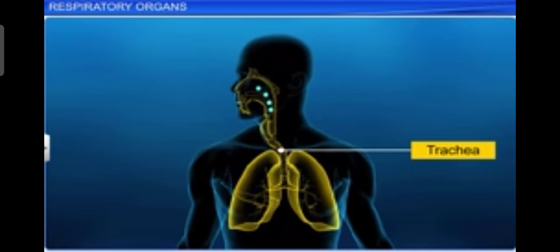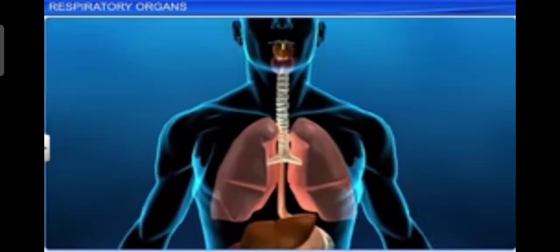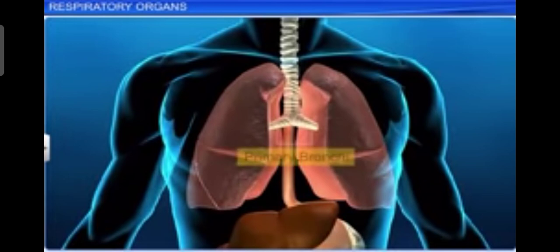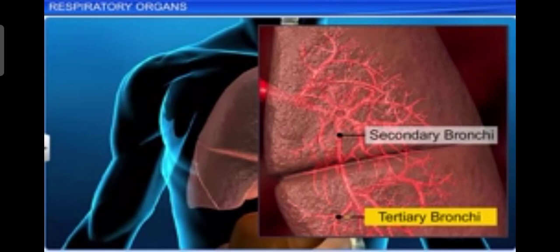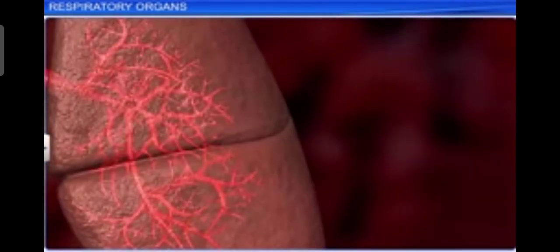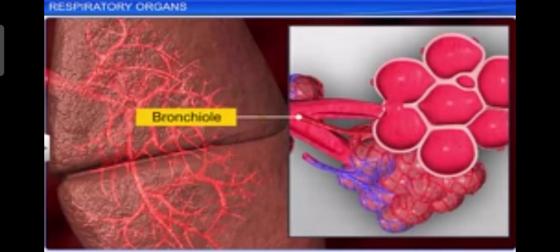This is the trachea. Each bronchus undergoes repeated division to form the secondary and tertiary bronchi and bronchioles, ending up in very thin terminal bronchioles. The trachea, primary, secondary, and tertiary bronchi and initial bronchioles are supported by incomplete cartilaginous rings. These are C rings.